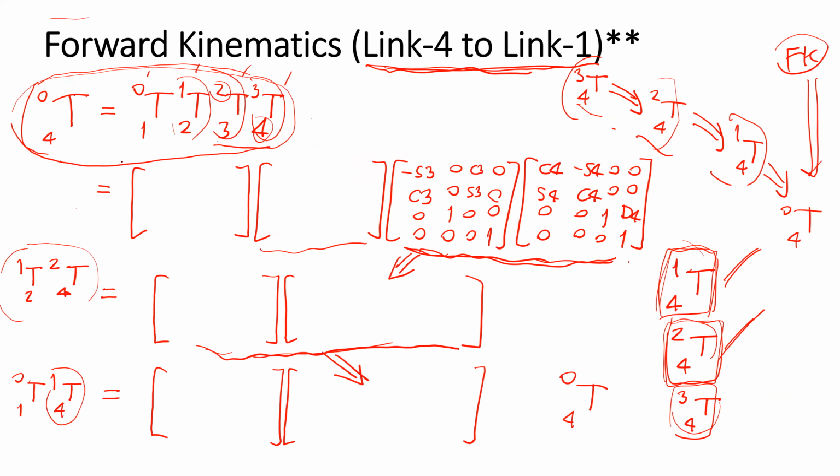And what is this one? Of course, the forward kinematic will be the complicated matrix in terms of theta 1, theta 2, theta 3, and theta 4.